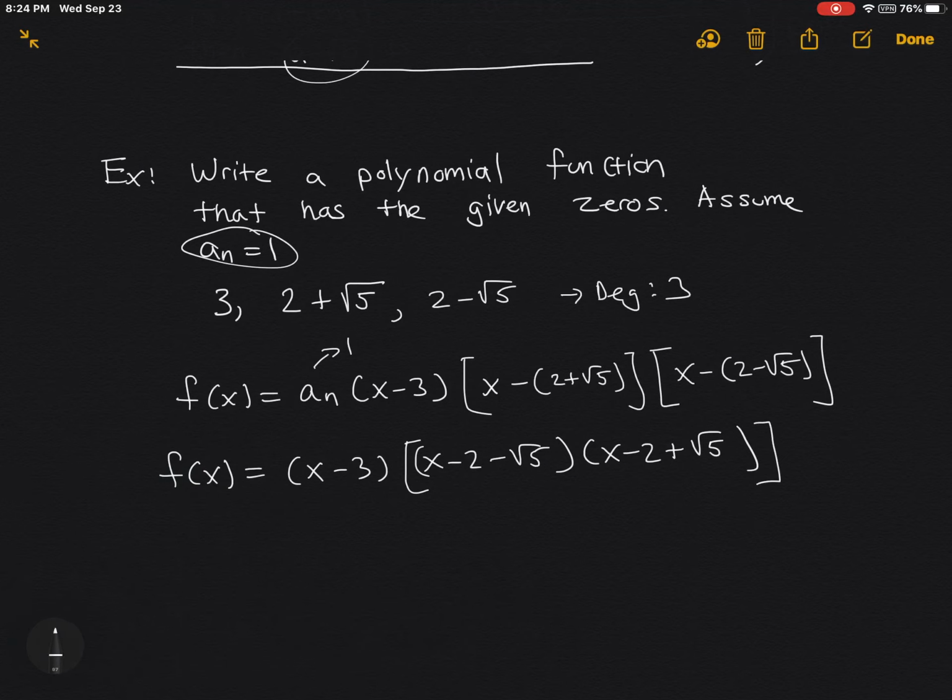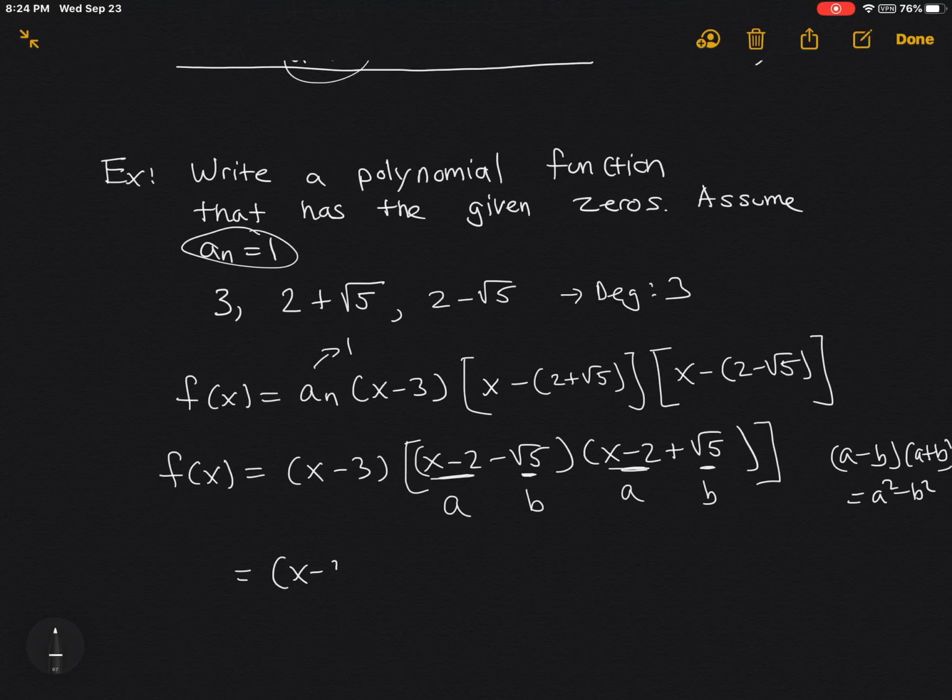So over here, instead of multiplying a trinomial times a trinomial, what you want to see is that I have an x minus 2 over here, and I also have an x minus 2 over here. I have a root 5 over here, and I have a root 5 over here. And so this is just the pattern of a minus b times a plus b. And what is a minus b times a plus b? Hopefully you memorized that. That's just your sum and difference pattern. That's a squared minus b squared.